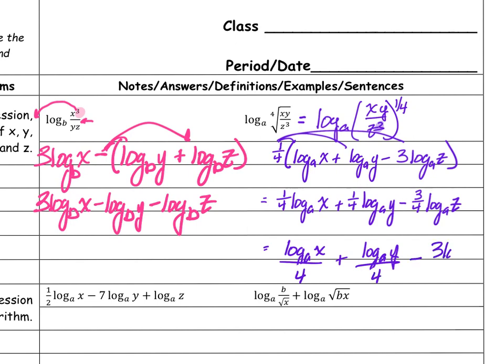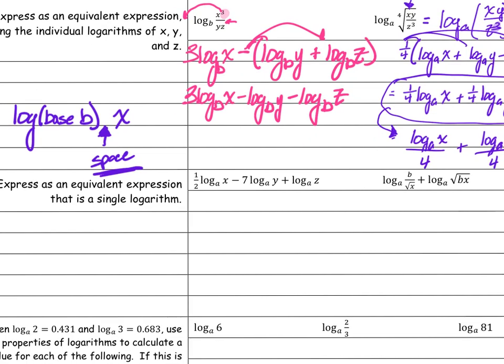Minus 3 log base a of z divided by 4. There we go. 4 is my fraction, so that should go in the denominator. Either way, I would probably stop here, but just be aware that you will see it sometimes this way. And if you have a 4 in the denominator, that means I'm going to have some sort of root as my answer.